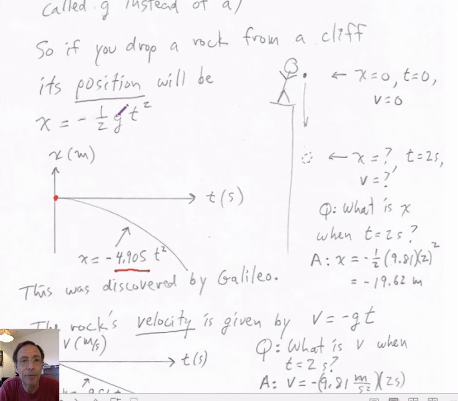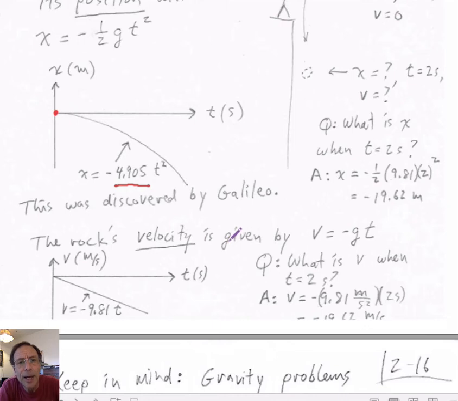And so it's 1/2 of 9.81. Also, we have that the velocity of the rock is given by v equals minus gt. And if I make a graph of that, time and velocity on the vertical axis, then this is when I let go of the rock and its velocity increases linearly with time. It increases in the negative direction, so it's becoming more and more negative.